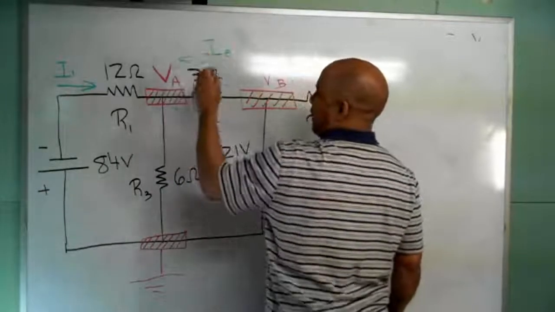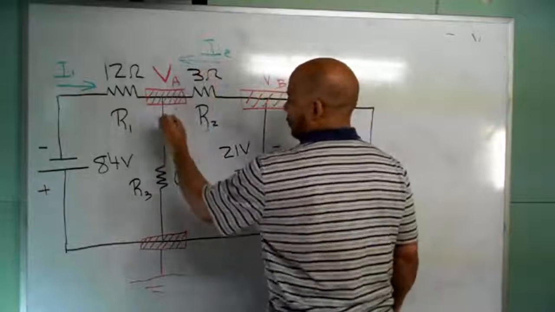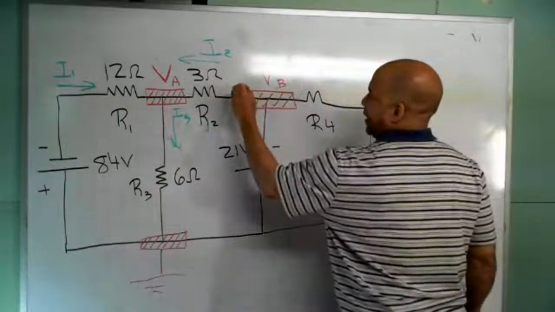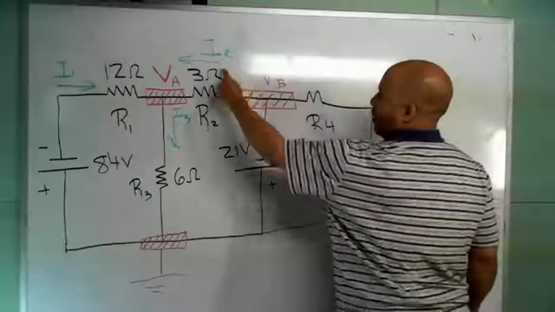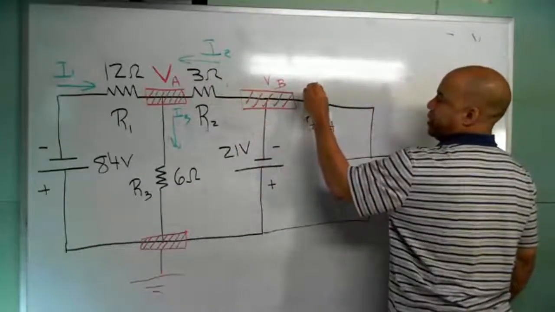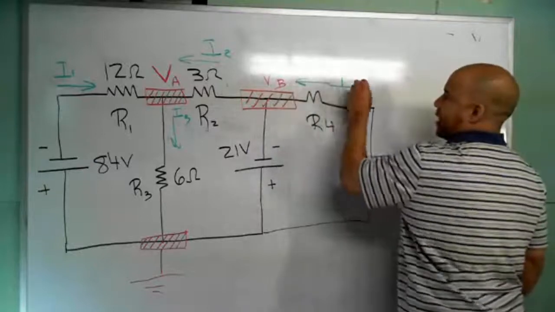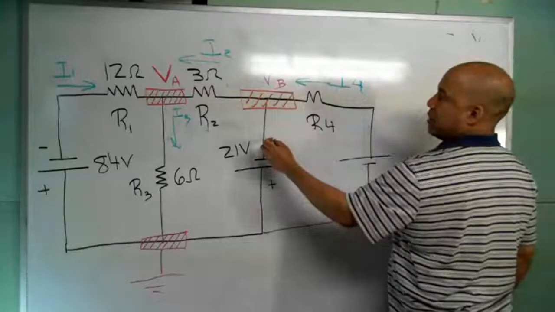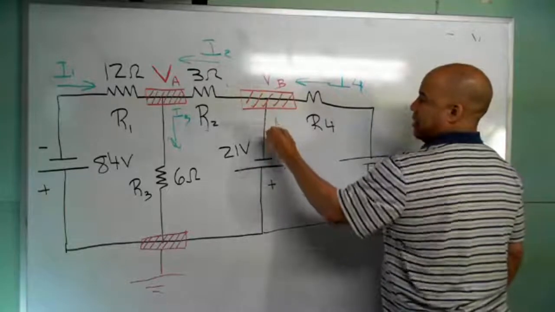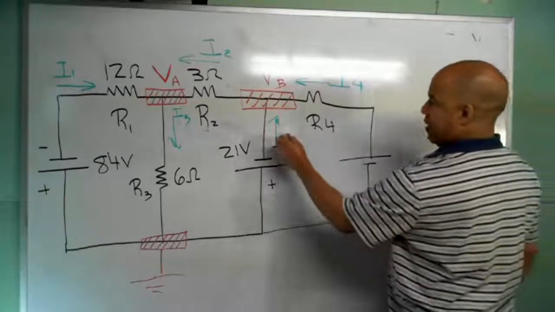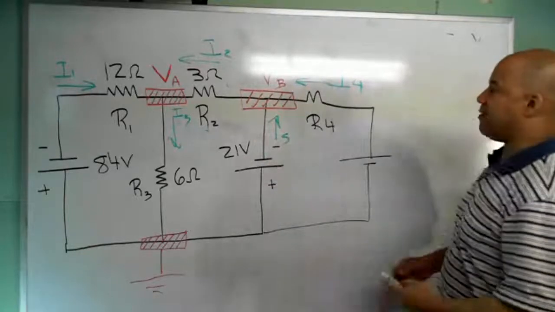I2 is like that. I3 might be like that. And then here, I already got I2 defined there, right? So I might say that I4 is like that. And maybe this I can just flip a coin on. I don't even know what to call that one. I5, I guess. I don't have a resistor I5.